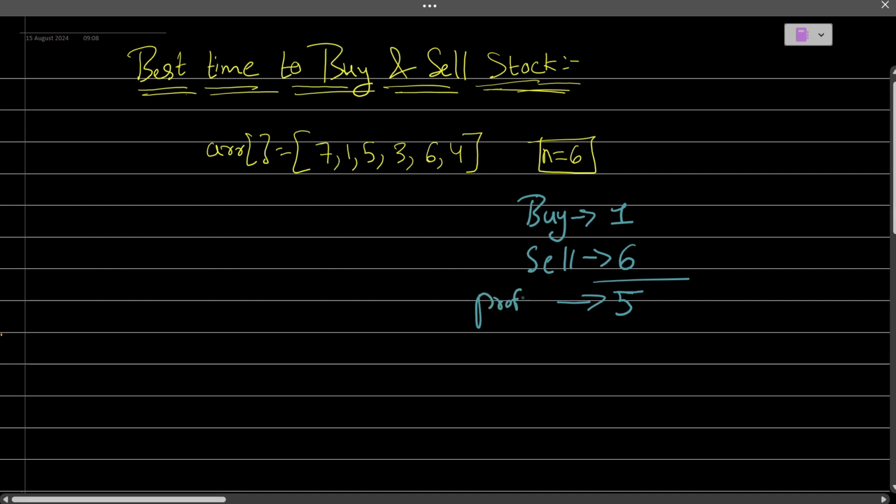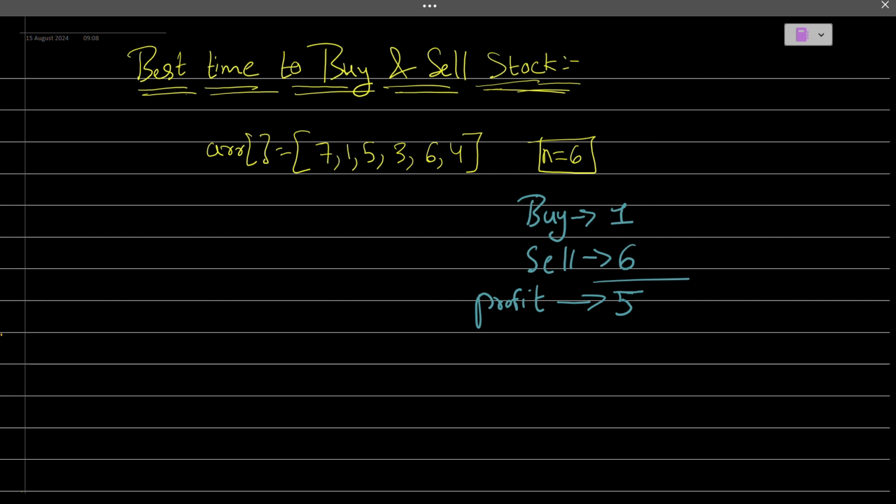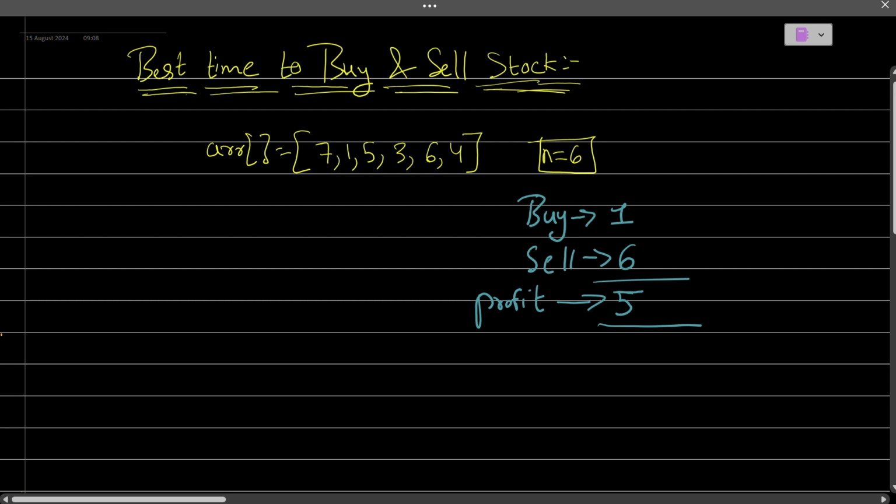I've got a profit of 5 because I bought for 1 rupee and sold for 6 rupees, right?